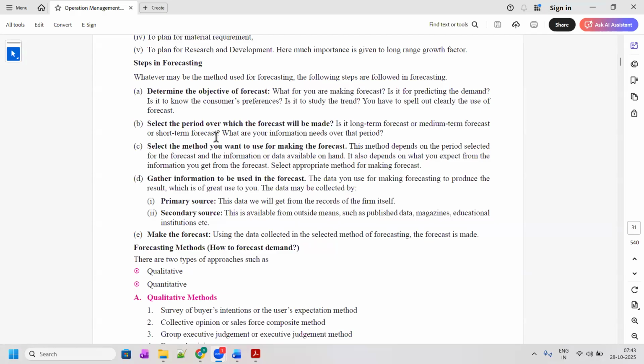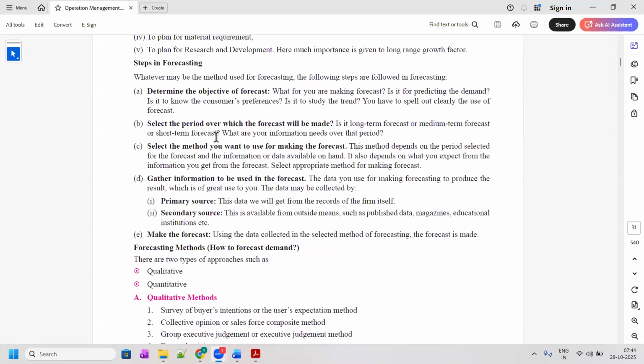Next is to select the time period for the forecast, where we decide whether the forecast is for short term, medium term, or long term. The time period depends on what information you need and for how long. Selecting the time period on which forecasting is made also needs to be worked on, because in the last class we discussed that some products require short term forecasting, some require medium term forecasting, and some require long term forecasting.